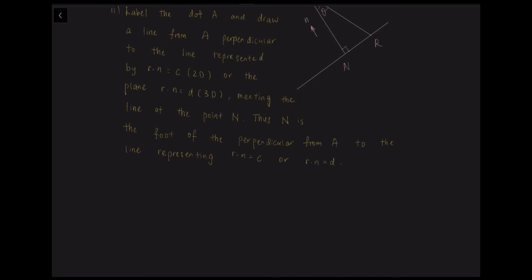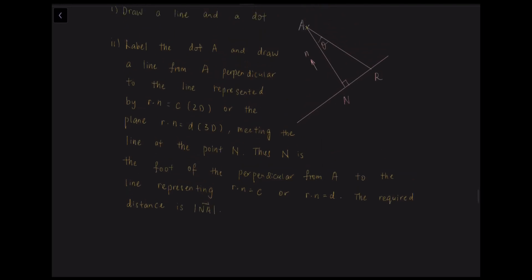So let's look at how we write them in terms of equations. We can easily get the point R from the equation of the line or the equation of the plane, and we are given the point A. So we can obtain the modulus of RA easily.